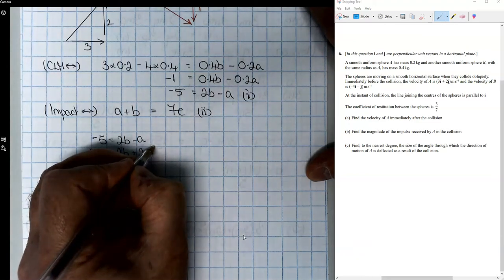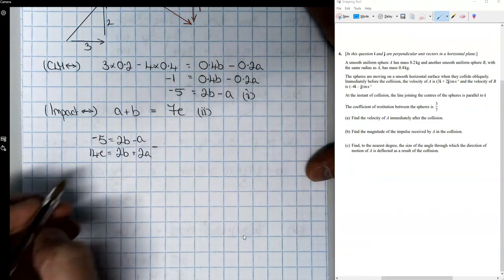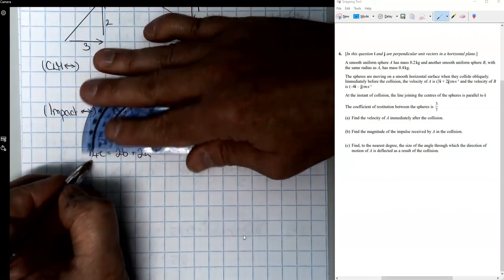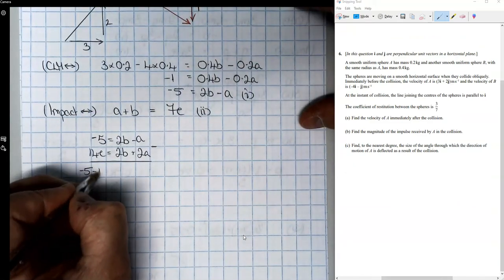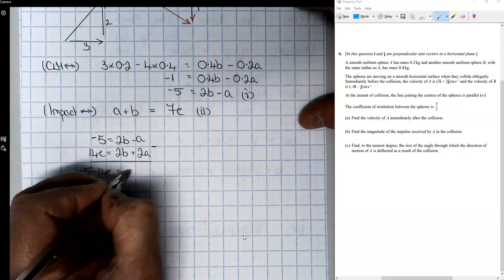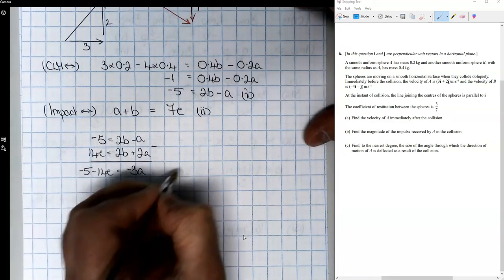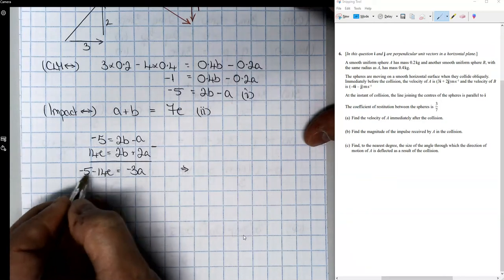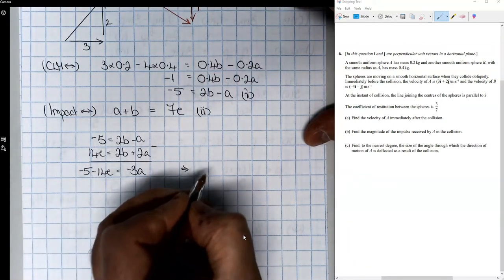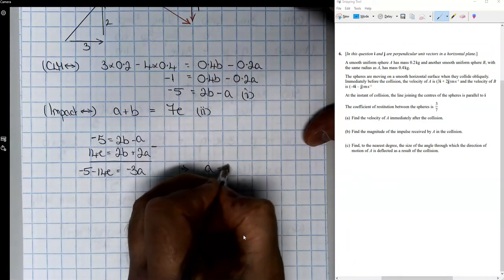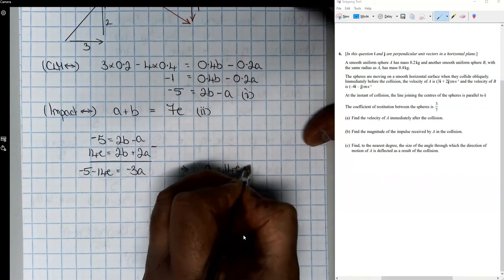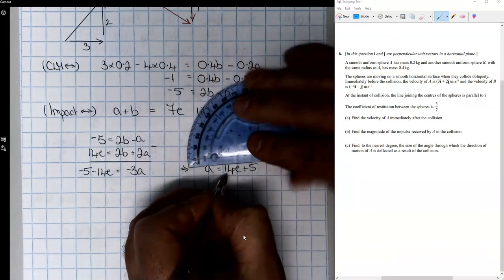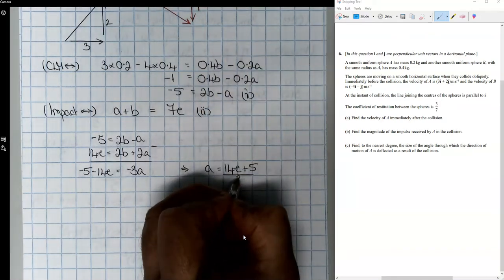If I take them away, I get minus 5 minus 14E equals minus 3A. So I multiply all by minus 1 and divide by 3. I get A equals (14E plus 5) over 3.